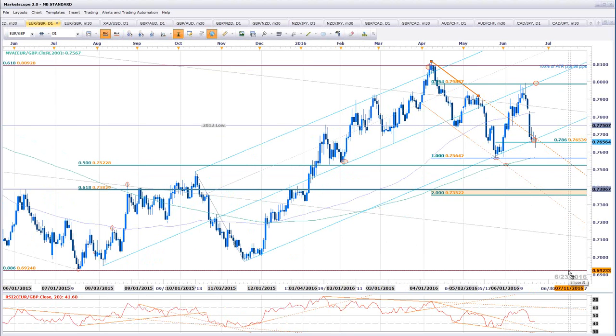If we see a Brexit vote, if they do decide to Brexit, I think the initial reaction is going to be further pound weakness rather than Euro weakness. To put it in an easier way to understand, pound weakness should outpace Euro weakness at first, but I don't think that lasts.